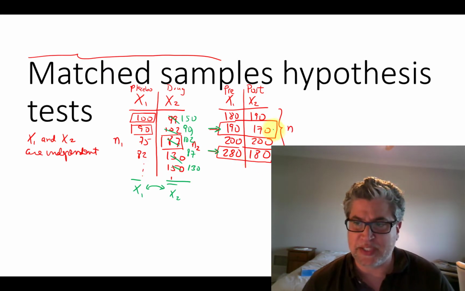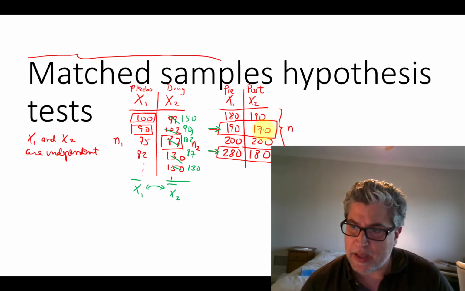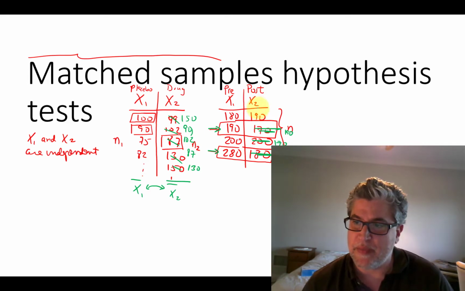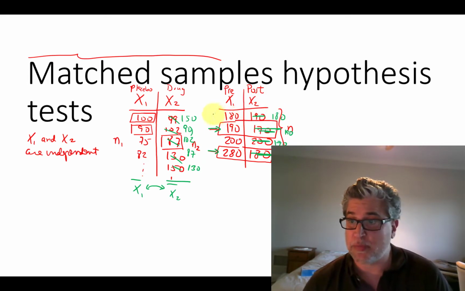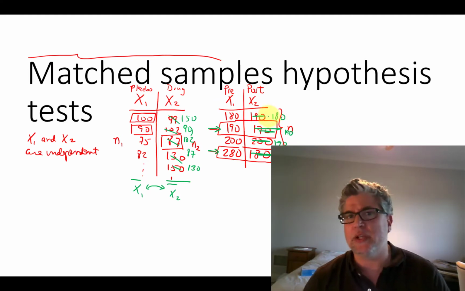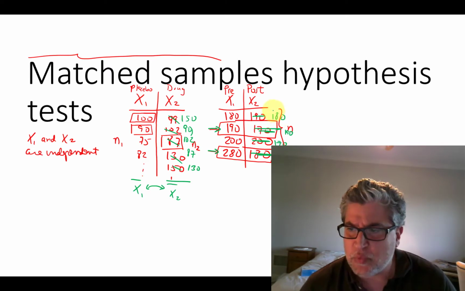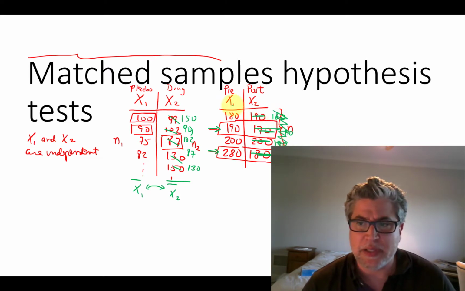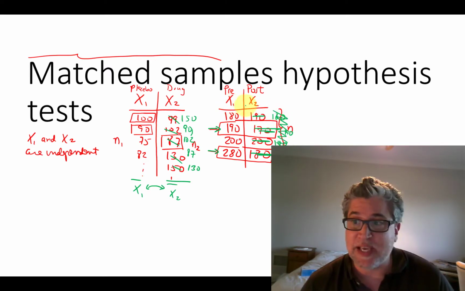We couldn't pull the same trick and make this guy 190, and make this guy 170, and make this guy 200, and then move that up, the 180, and say, oh, look, person 1 didn't lose any weight, right? That's not how this particular example works. You can't reshuffle because the x1s and the x2s form a matched pair.